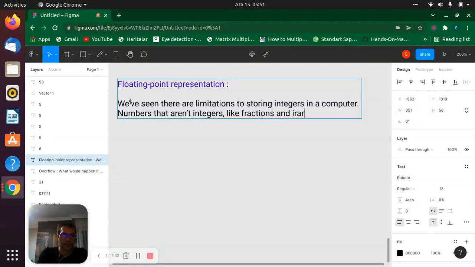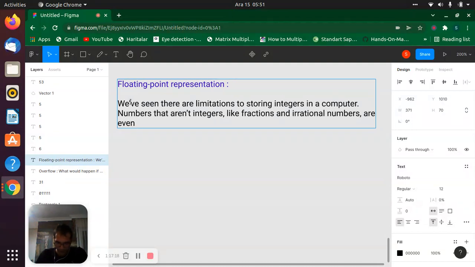And irrational numbers are even trickier to represent in computer memory.